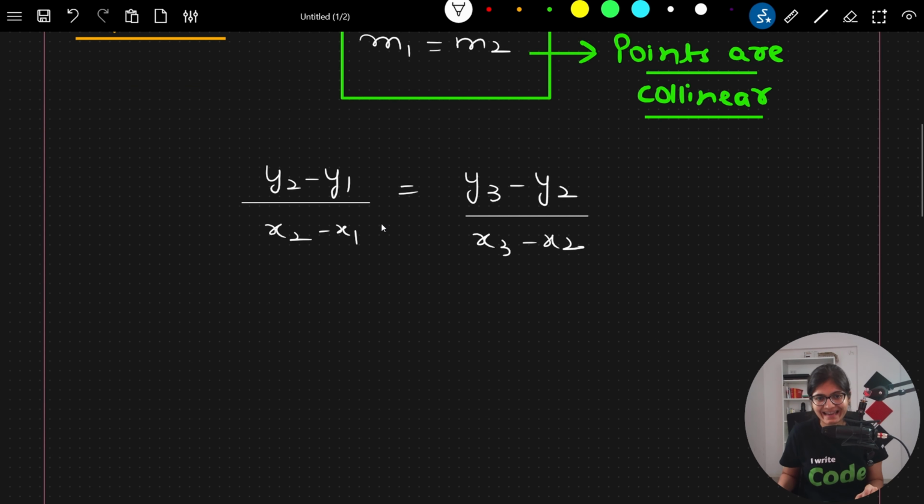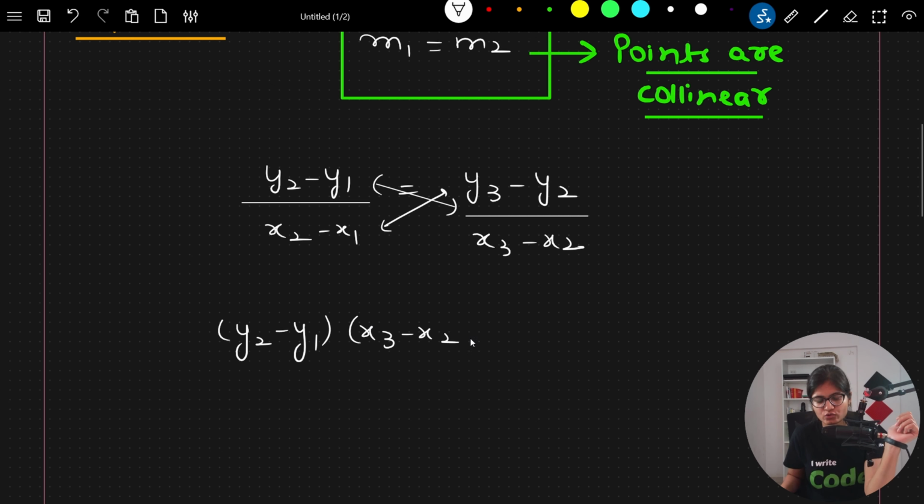Now I can write the same by doing the cross multiplication here. If you write it like this and solve to find M1 and M2 and then compare, you might get an exception if the denominator is 0. In order to avoid that exception, you can multiply like this: y2 minus y1 into x3 minus x2 equals x2 minus x1 into y3 minus y2.